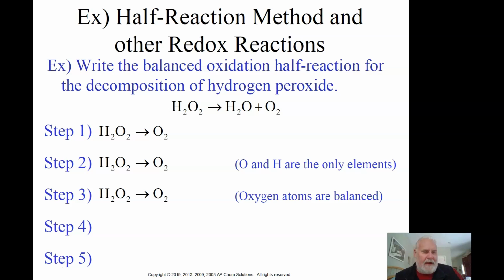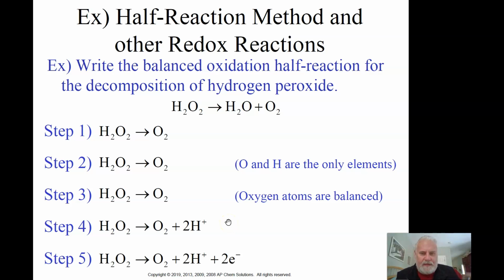And now how do you balance the hydrogen? Well, you just do that because it's in an acidic solution. You can put the 2 H pluses on that side. Okay, now you'll notice we're heavy on the pluses. It's an oxidation reaction, so the electrons are going to go over there, and it's pretty easy to see on this one that that is 2 electrons. Okay?